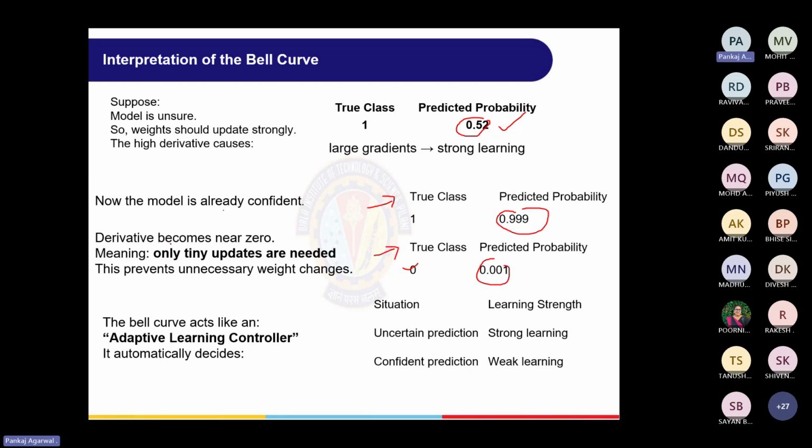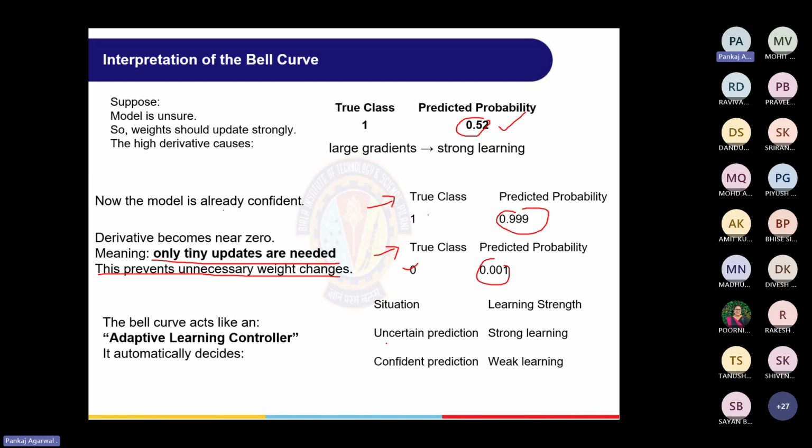The model is already confident in case 1, so the derivative becomes near 0, which means that only tiny updates are needed. This prevents unnecessary weight changes, right? So when I am interpreting a bell curve, I would be able to explain it in the next slide also.